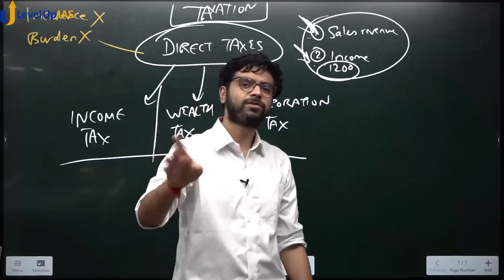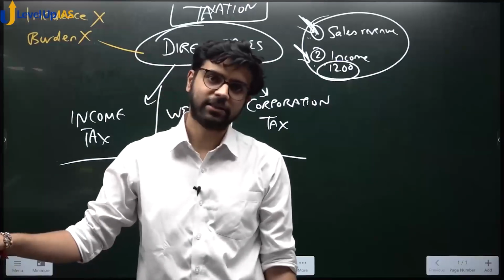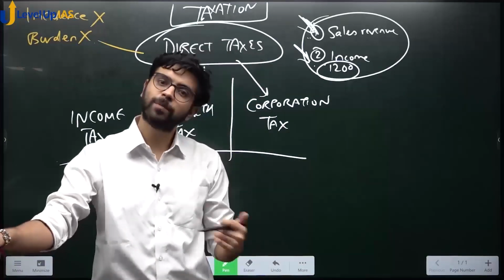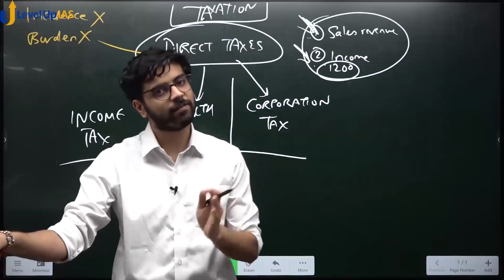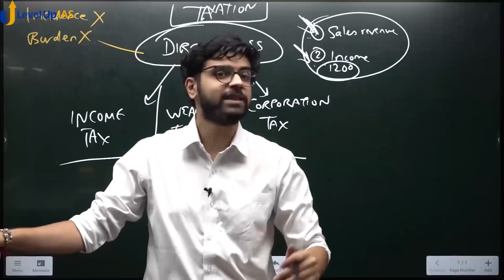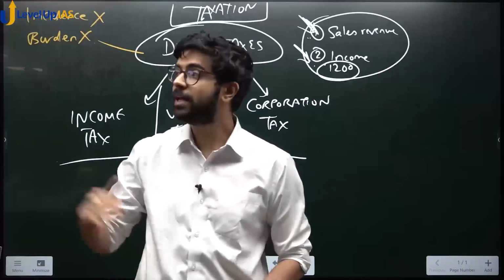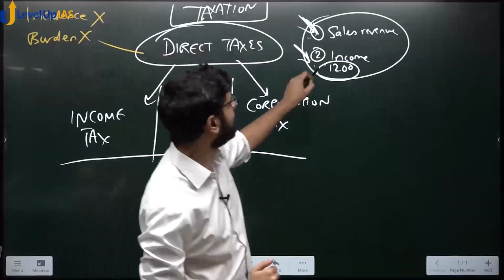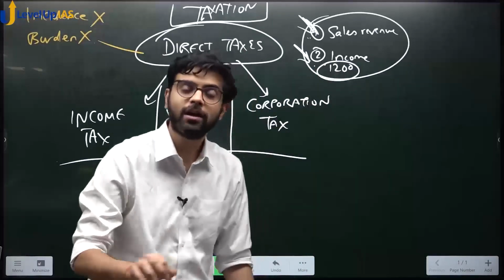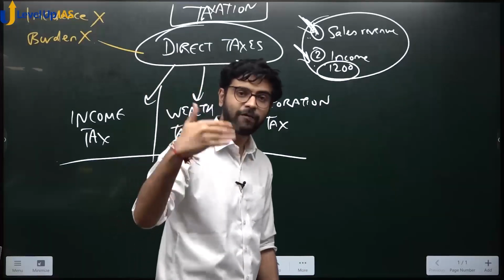Is GST a direct tax or an indirect tax? GST is an indirect tax. GST is recovered from the patient ultimately, from the customer. So government will tell the doctor to pay GST, but the doctor will say I will not pay from my pocket, I will take it from the patient and I will pay it to you. Burden shift ho gaya.